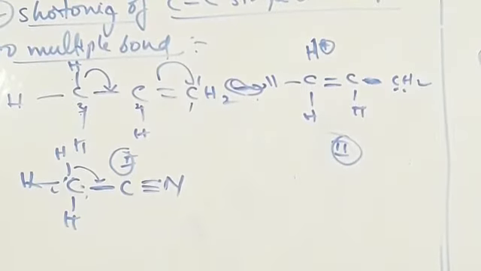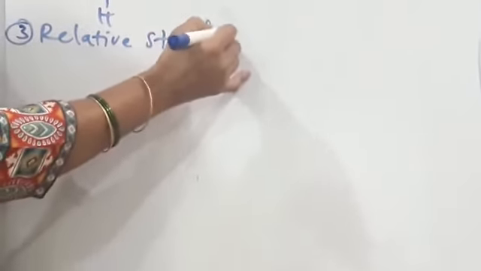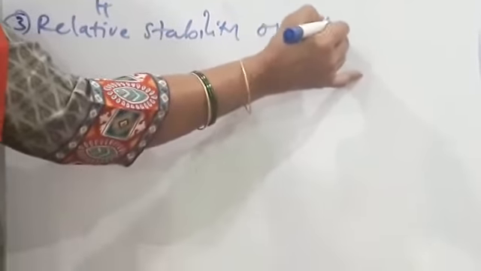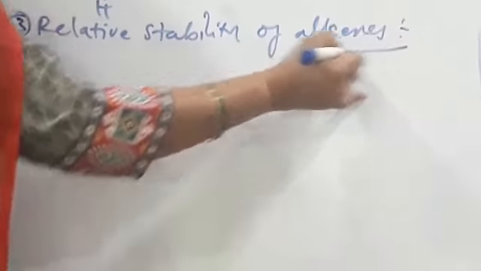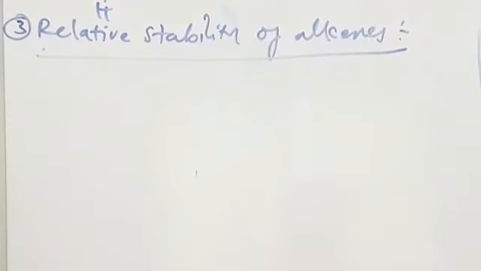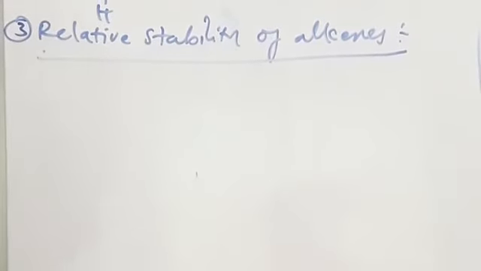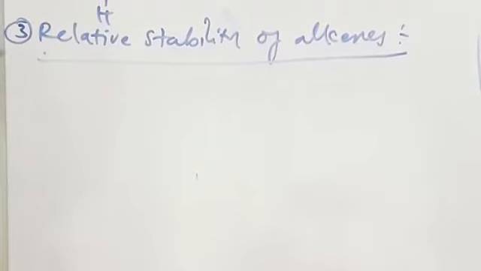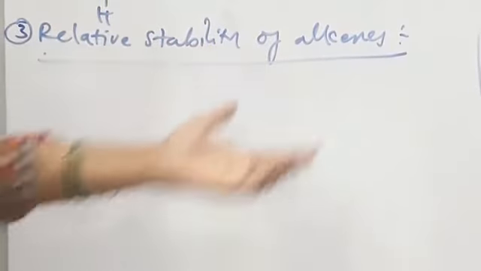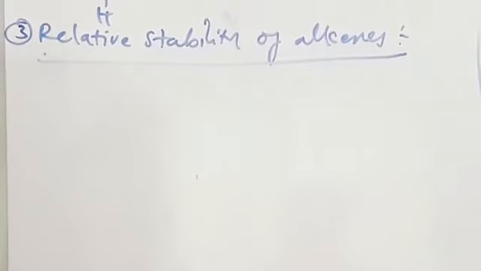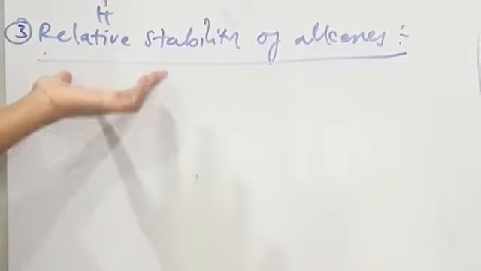Next, coming to the relative stability of alkenes. It is related to the heat of hydrogenation of alkenes.